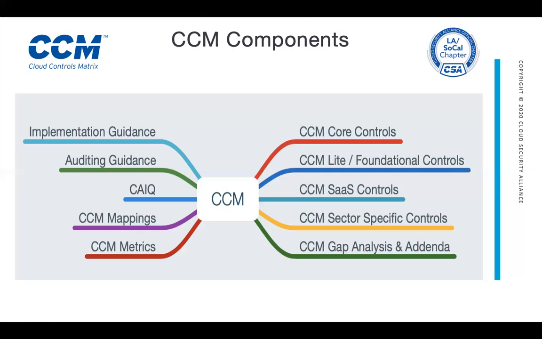And the next one is the mappings. For the time being, we are conducting 3 mapping exercises. This involves a mapping of V4 to its predecessor, the CCM version 3.